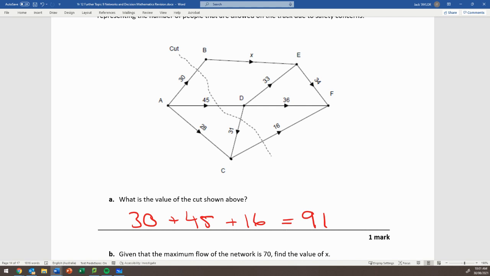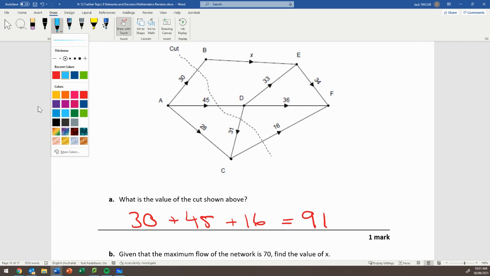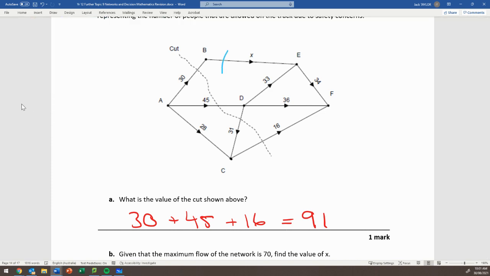Given that the max flow of the network is 70, find the value of X. Again, this is a bit of a trial and error one. You need to work out what your smallest is when you're doing it. So if I did a cut through there, that would be X plus 61.